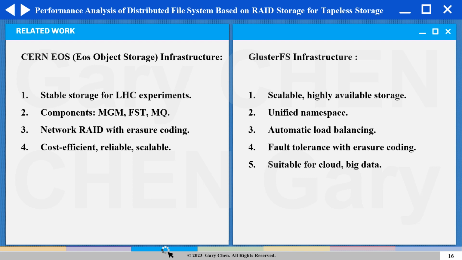Components: MGM for metadata management, FST for storing files, and MQ for asynchronous communication. It creates a network RAID storage system with erasure coding support. It provides a cost-efficient, reliable, and scalable storage solution.